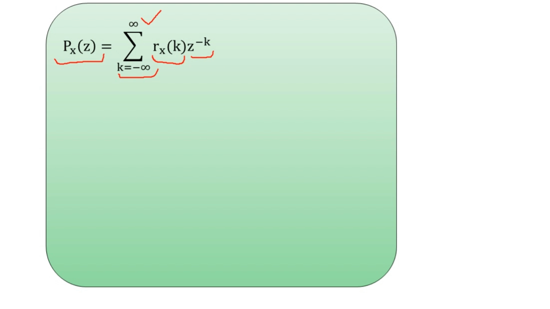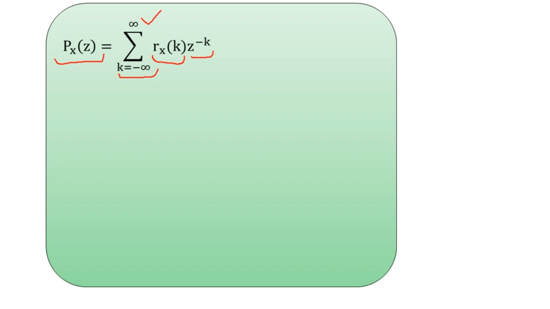So the relation between them can be given in the z domain by this expression. On the left hand side we have the power spectral density Px of z. This is the z transformation of rx of k, the autocorrelation function. So we have the summation where the index k ranges from minus infinity to plus infinity over rx of k multiplied by z to the power minus k.